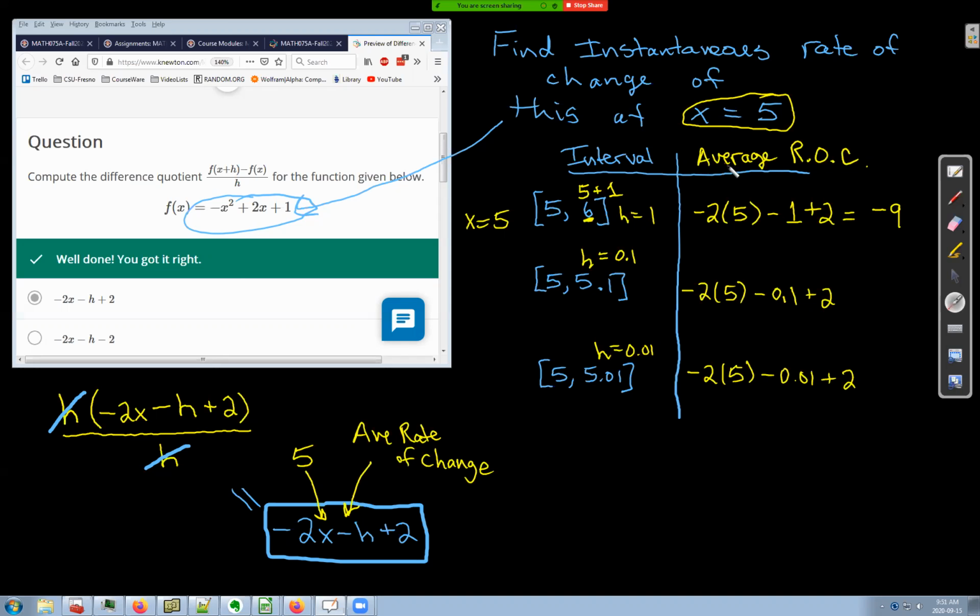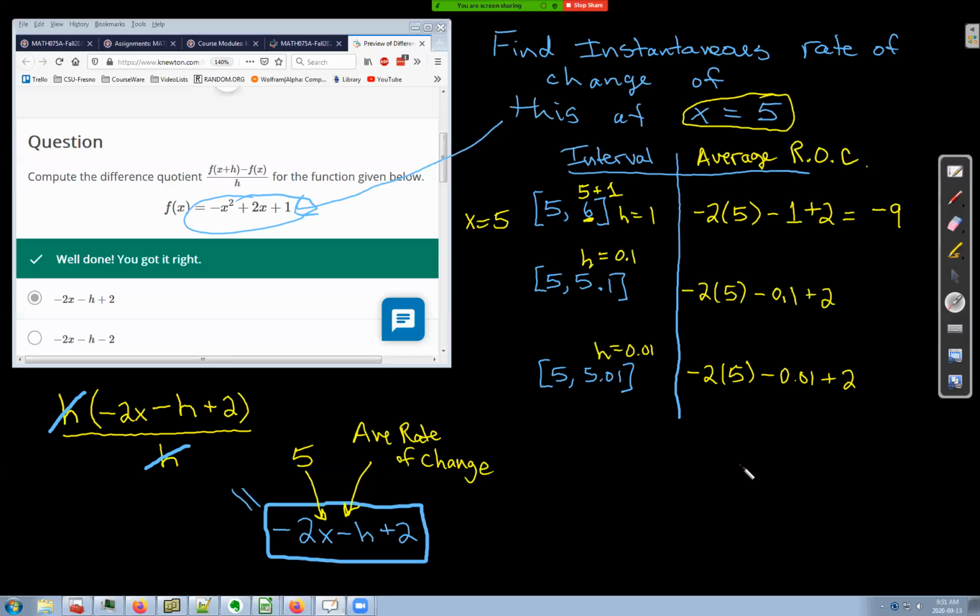And so being able to compute average rates of change in situations like this is very important to us. And what the difference quotient is going to allow us to do is find the average rates of change in a very efficient manner.